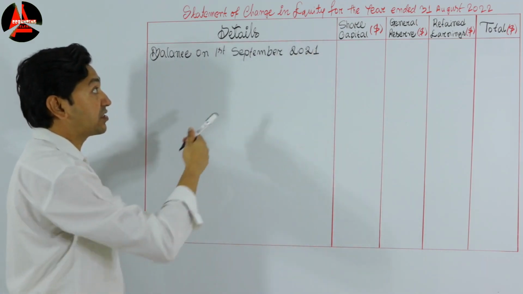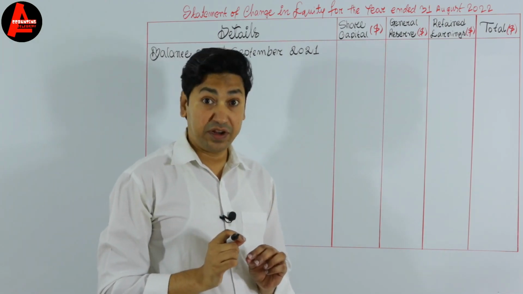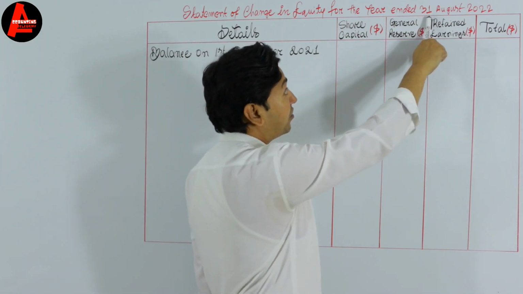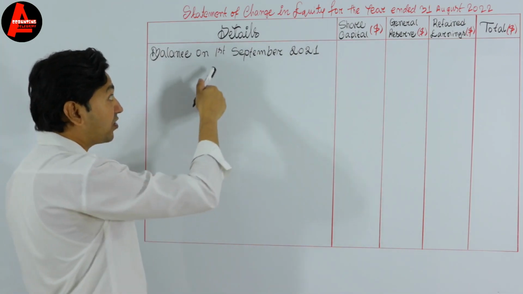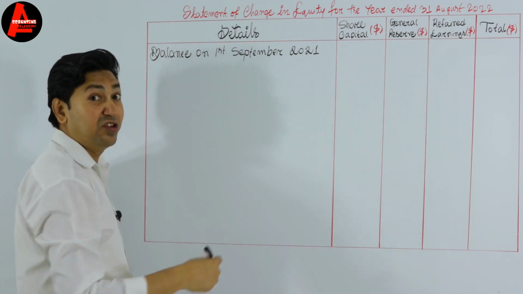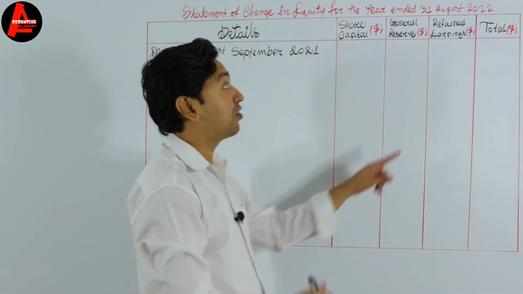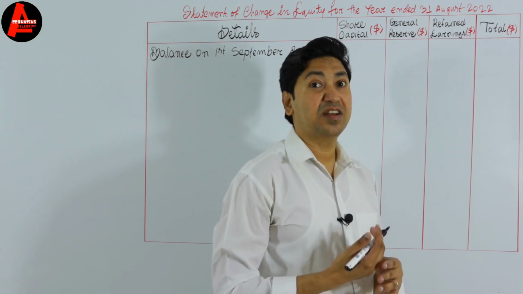Here we need to understand the accounting period as well. Our financial year ended on 31st August 2022, which means it started on 1st September 2021. So September 2021 to August 2022 is 12 months, a 1 year accounting period.